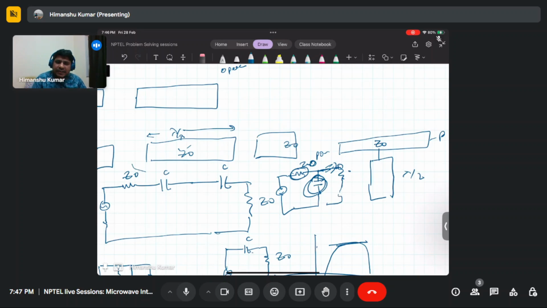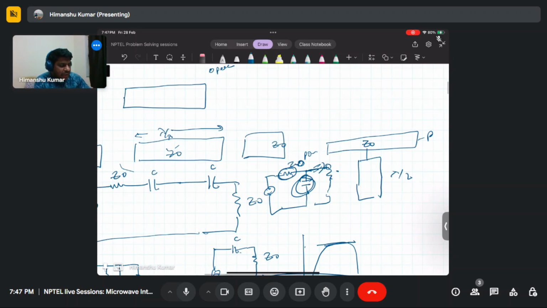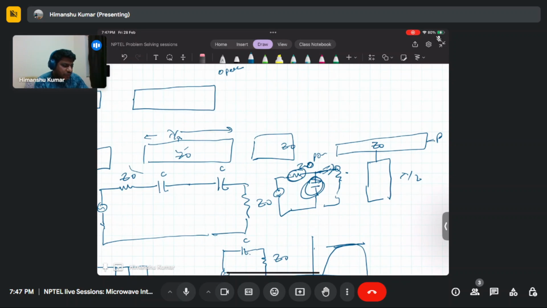So you can design a T, this will behave like a T kind of circuit actually. At the output port there will be a load. If impedance matching is needed, there should be a load, and you can model that load with one resistor.